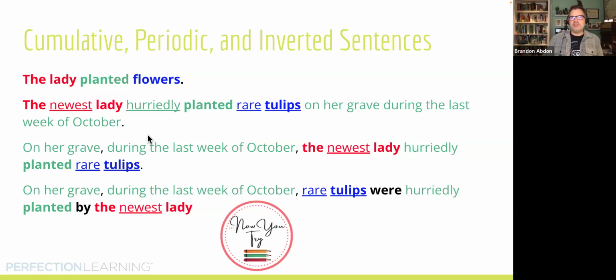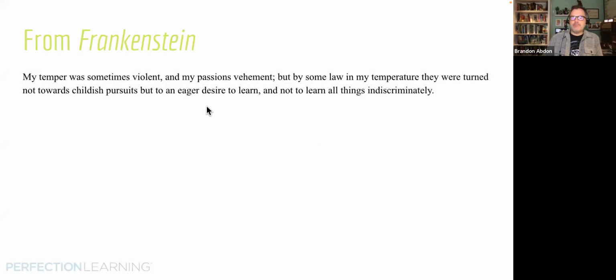All right. And so I try to get students to really look at what they've done with this. And then the next step is to get them to transfer it to something they're reading. So here I've dropped in an example from Frankenstein. I want them to look not only at the entire sentence, but at the two parts of the sentence separated by the semicolon.